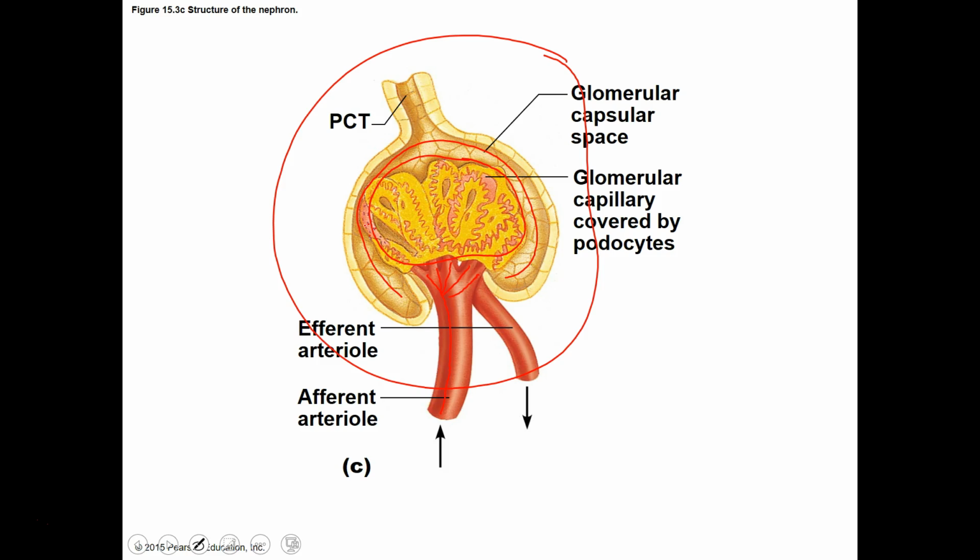Red blood cells, white blood cells, those kinds of things stay inside of this space, and they'll make their way back out here. But the blood that's coming out of here is a lot thicker, a lot heavier. It's lost a lot of fluid, fluids and electrolytes and all kinds of stuff that's now in Bowman's capsule here, and that's going to work its way this way.